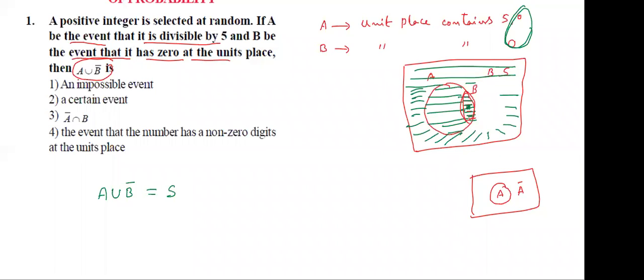The remaining part is B complement, outside. So finally A union B complement is equal to S. What is S? S is the certain event. So the second option is correct. Students, do you understand?